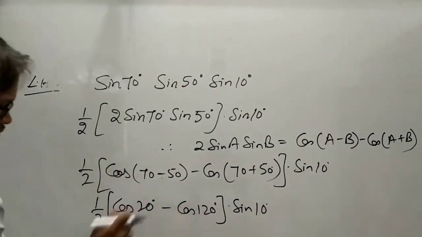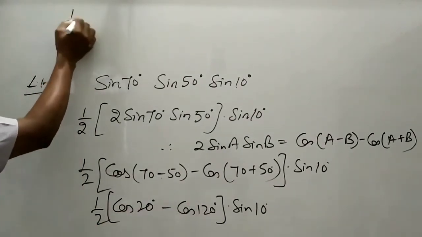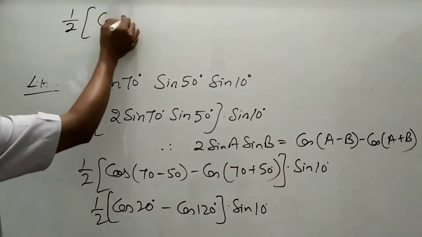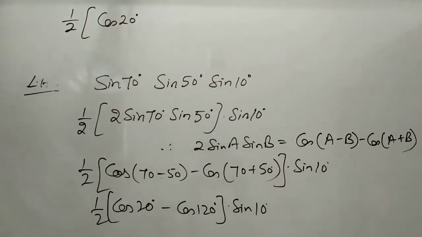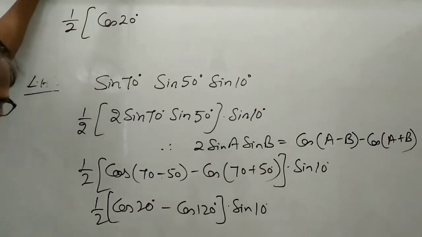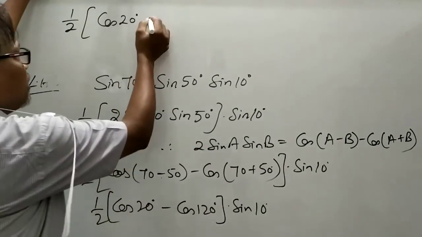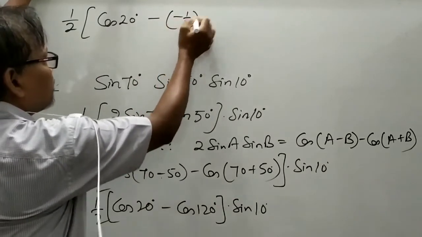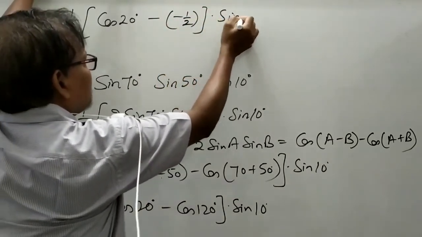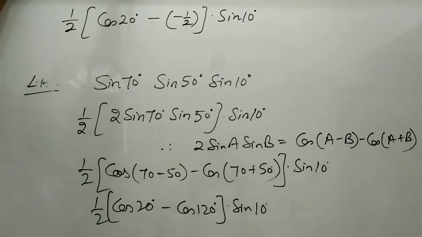Don't find cos 120 by expanding, because it is a standard angle, so you can put it equal to minus 1 by 2. मतलब ये होती है value into sine 10.